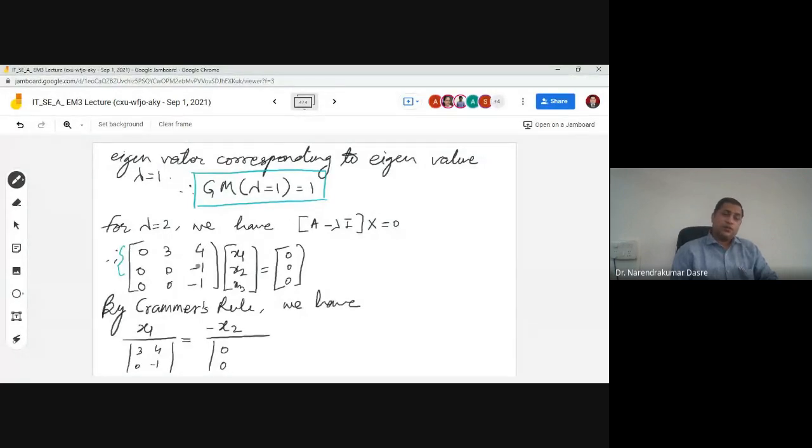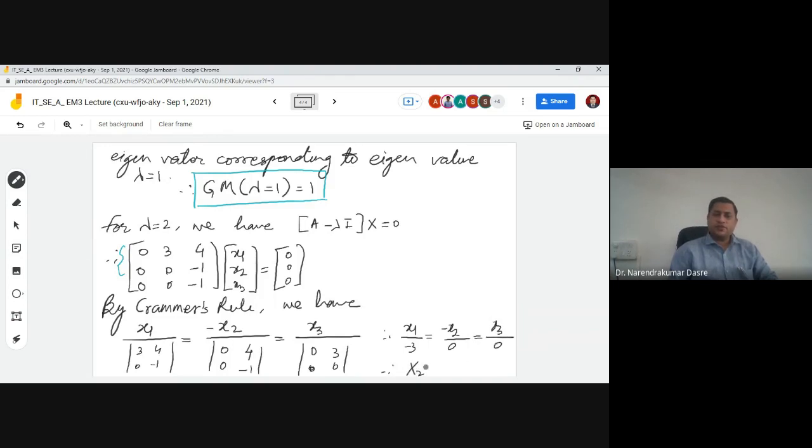Then for x3, again this is 0, 0, and you can have 3, 0. So we can have x1 upon minus 3 equal to minus x2 upon 0 is equal to x3 upon 0.